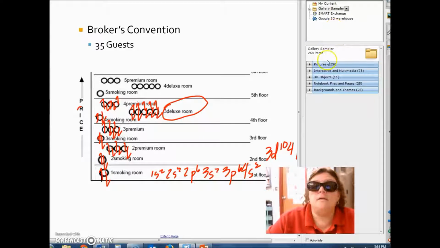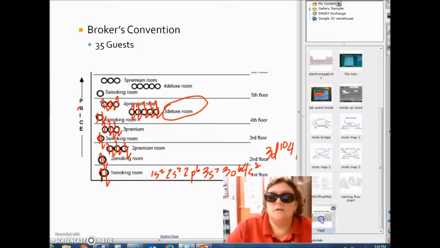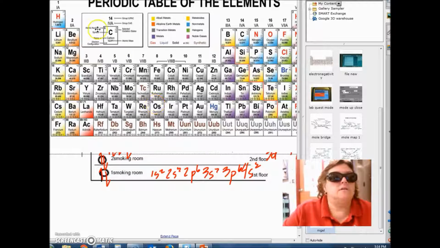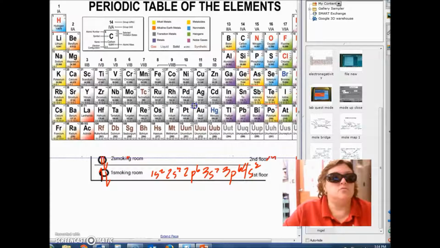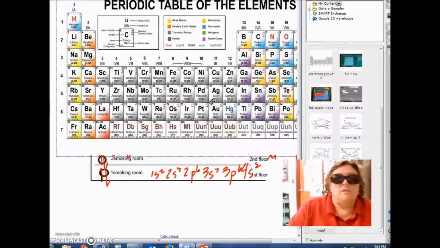I have my handy-dandy pictures. And here is our favorite periodic table. And you'll notice that the periodic table has rows. Those rows are called periods. Here is, well, he's off the edge of the screen, sorry.